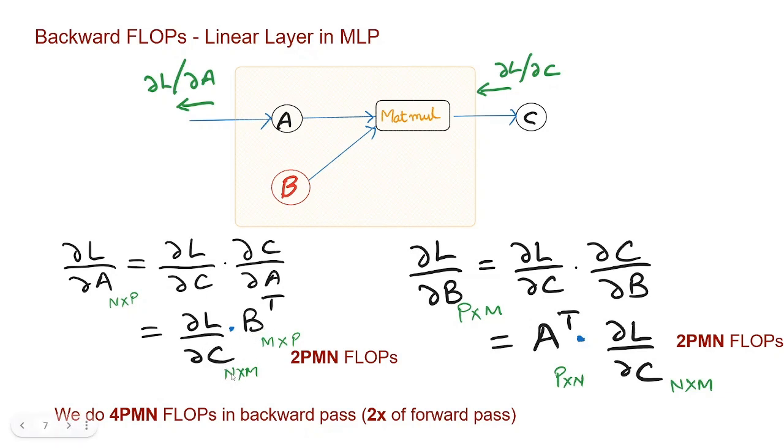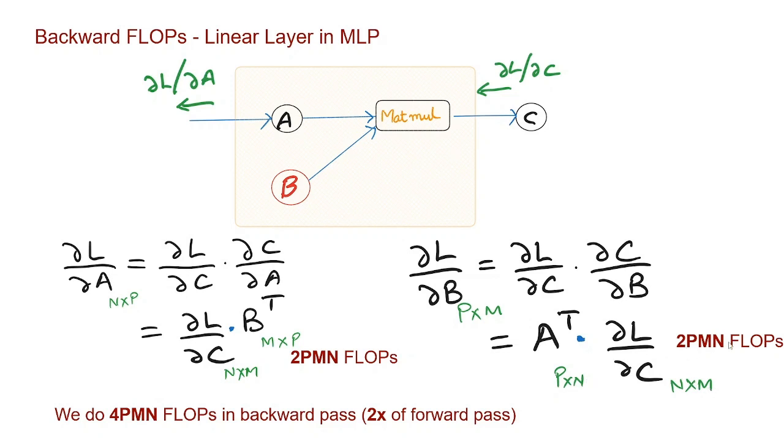Del L by del C is the same shape as C because L is a scalar, so it's N by M. B transpose is M by P, and so we are multiplying two matrices here, and this takes up 2PMN flops. Similarly for the weight gradients, it's E transpose times del L by del C, with E transpose being P by N, and del L by del C being N by M. This takes up 2PMN flops.